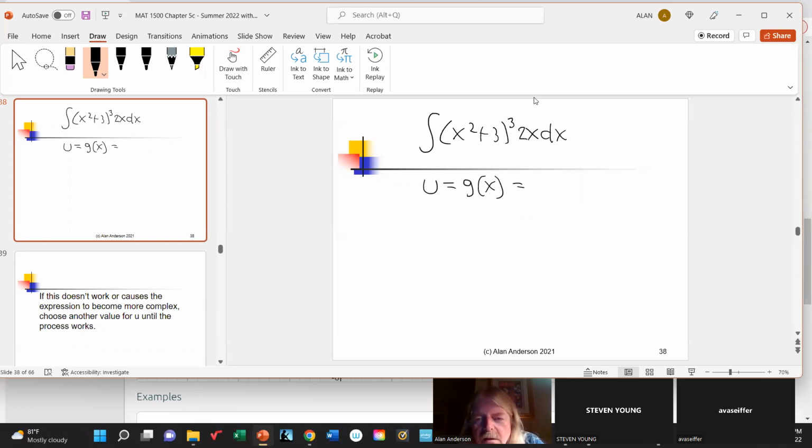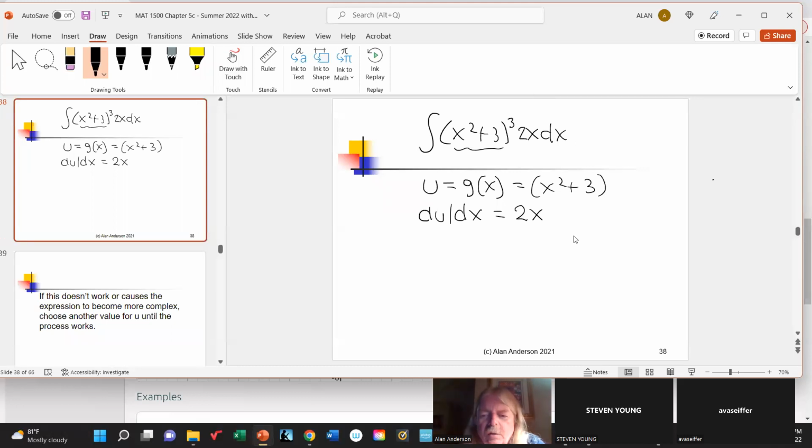So u will be whatever's going on inside the parentheses here. And then the derivative of u with respect to x would be 2x. Okay. Now, how does that help us?